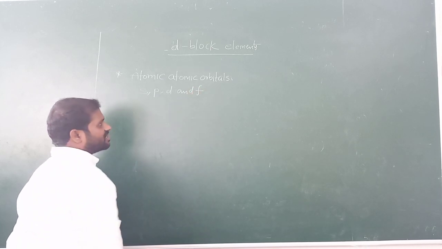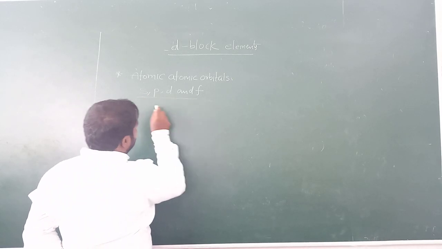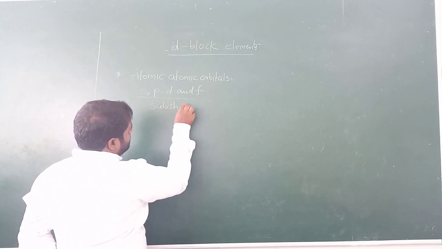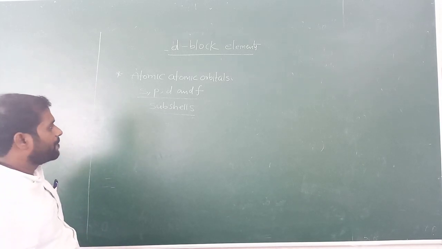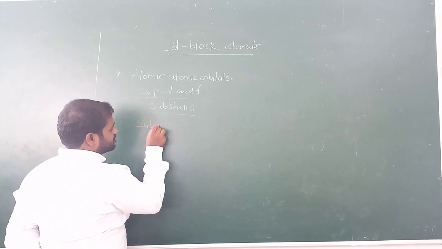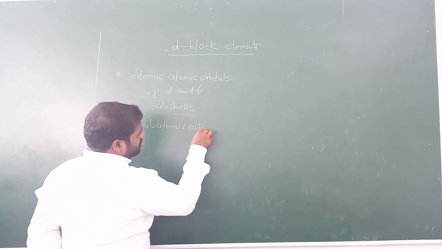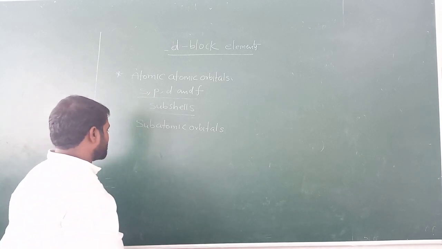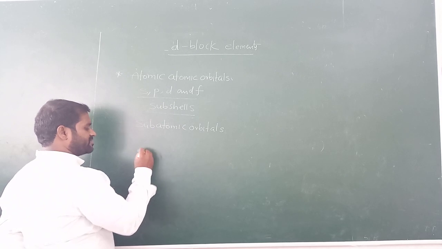These are called atomic orbitals, and we also call these subshells, s subshell, p subshell, or we call them subatomic orbitals.